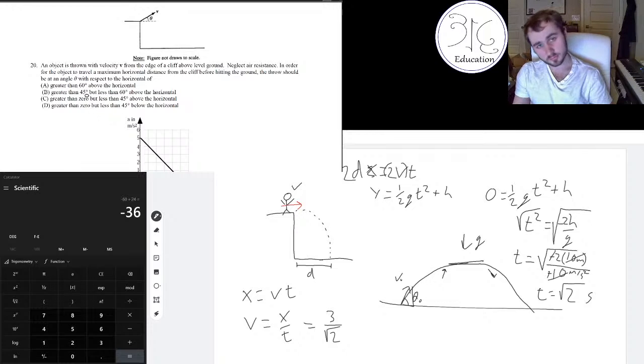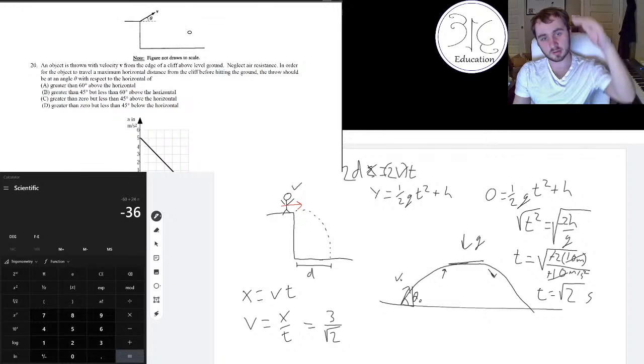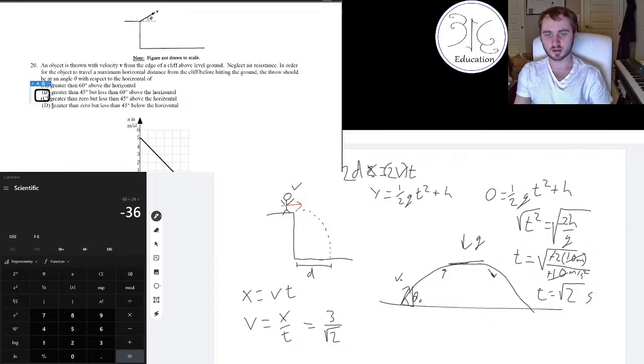I actually like the 0 and 45 option better, though, because of this initial height. That's because we're going to get a little bit more x component. As our time falling in the y direction is added onto a little bit by this extra h, we're going to enjoy a little bit more x displacement, because our x component of velocity is going to be higher if we take the slightly less steep angle.